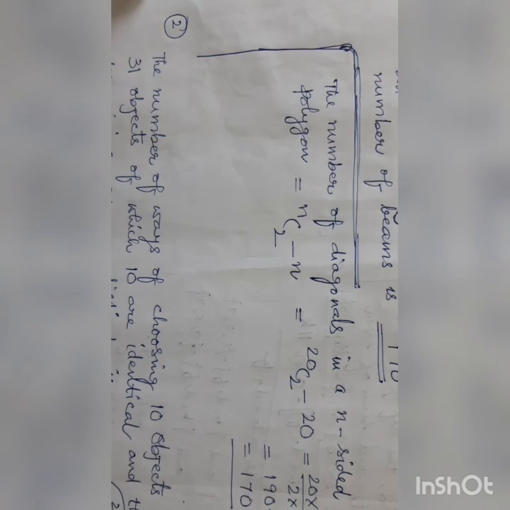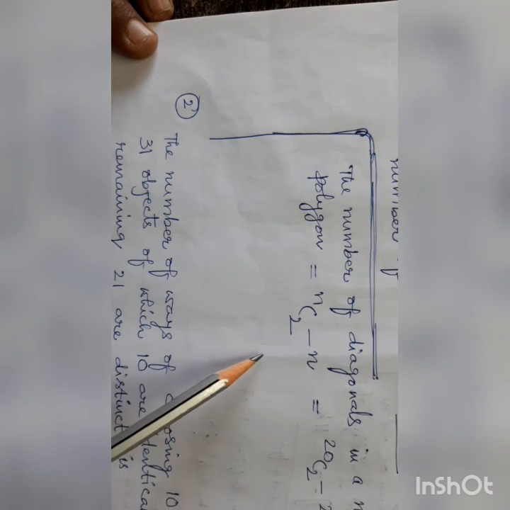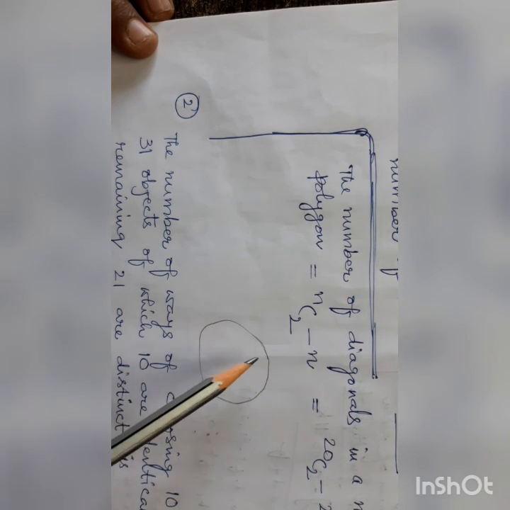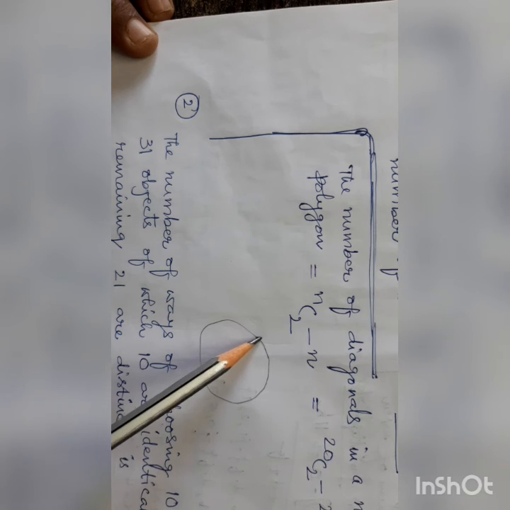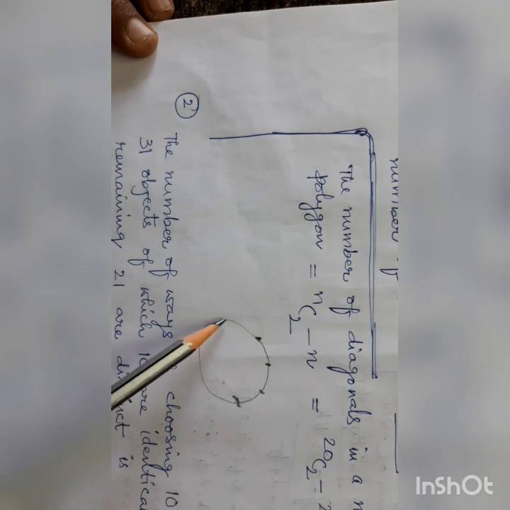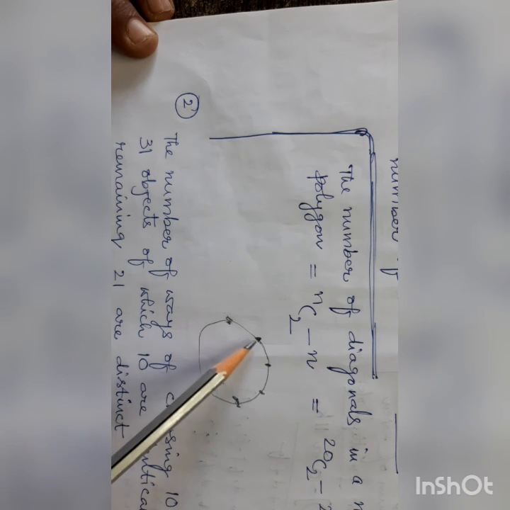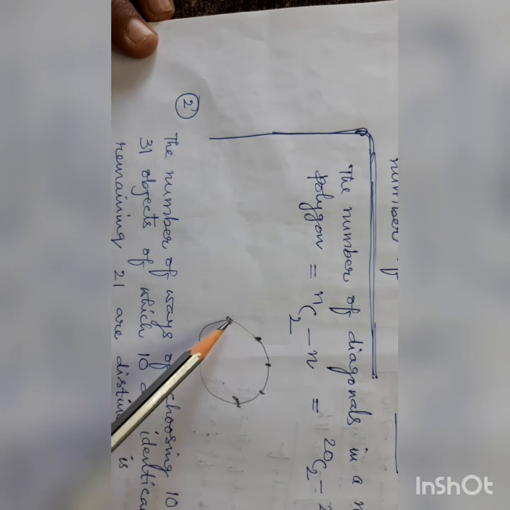We can say like this: one circle will be there, with pillars here, like this. Beams are for non-adjacent pillars.